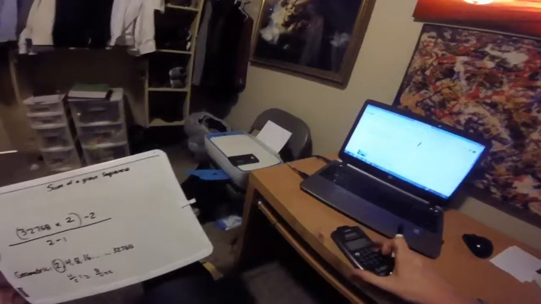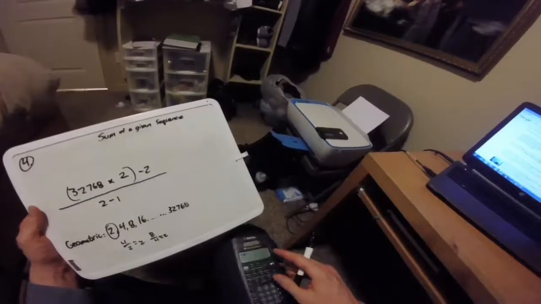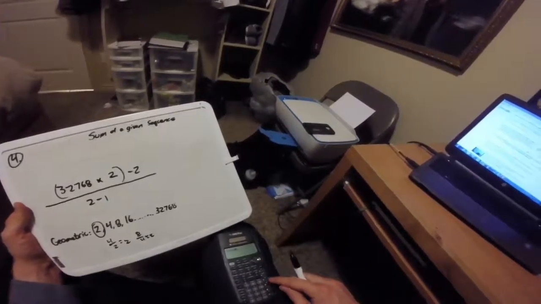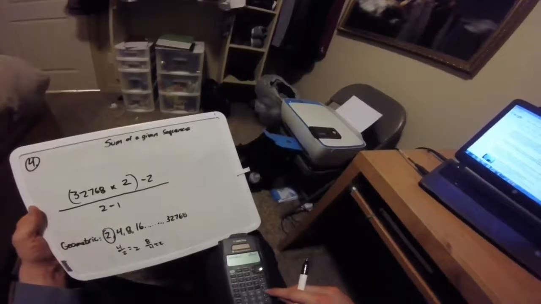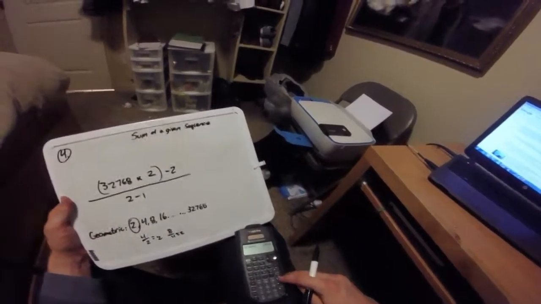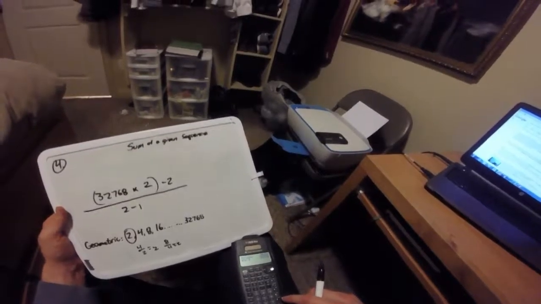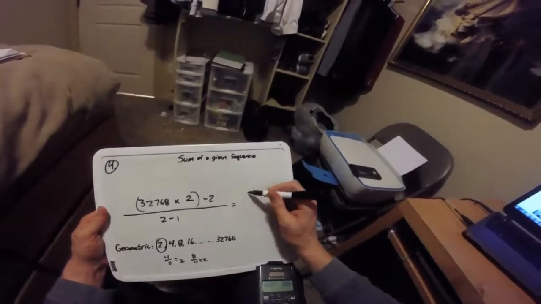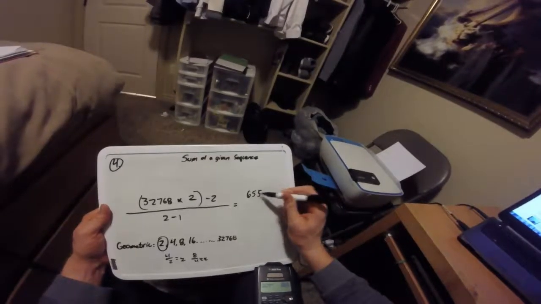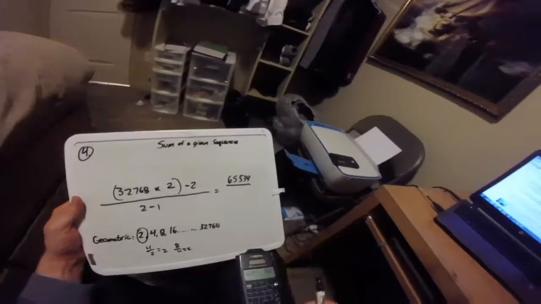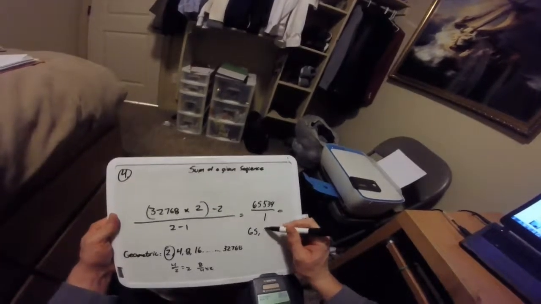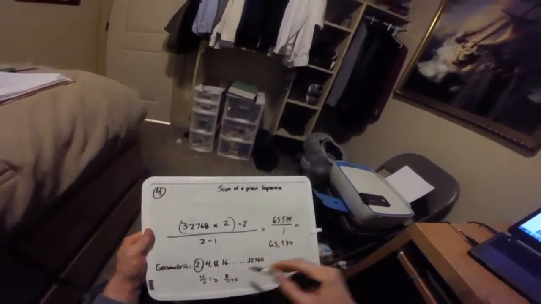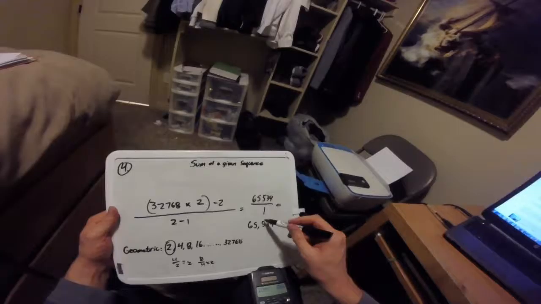Okay, so 32,768 times 2 gives us 65,536, minus 2 is 65,534. And we're going to divide that by 1, which leaves us with 65,534 as the sum of this geometric sequence.